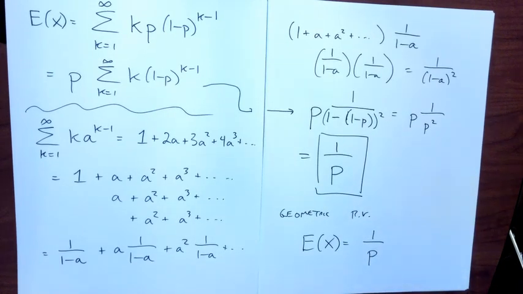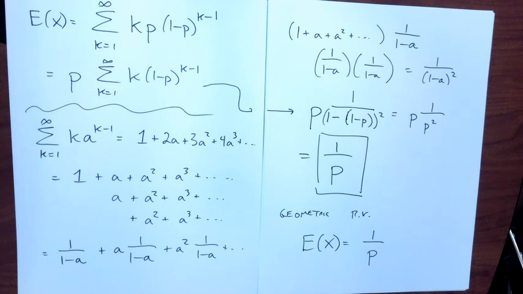And what I want to dwell on is why that makes sense. If p is high, so the probability of succeeding is pretty high, then the expected value is low. That makes sense because if it's likely for me to succeed, then on average it won't take me that many tries.